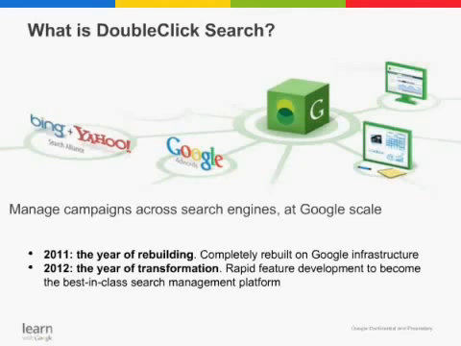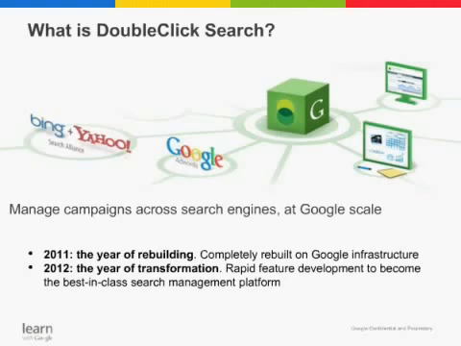DoubleClick Search is also one part of the DoubleClick suite of products, which means that if you or your display team is already managing display through DoubleClick for Advertisers, you'll be able to take advantage of cross-channel reporting for a holistic view across your search and display efforts.